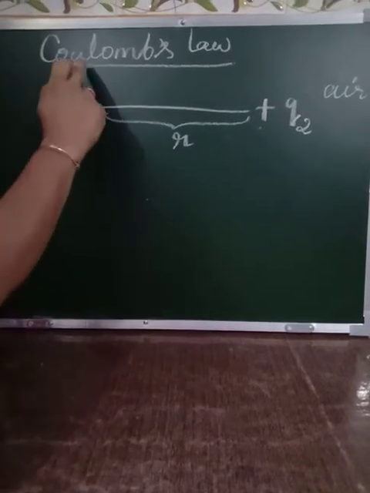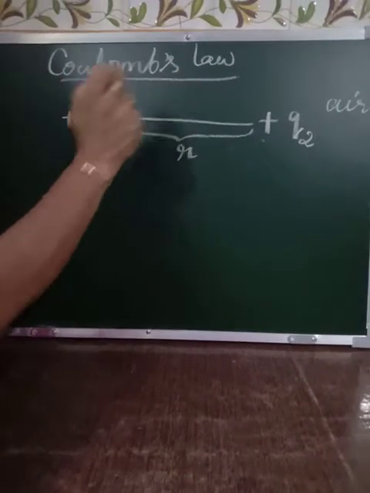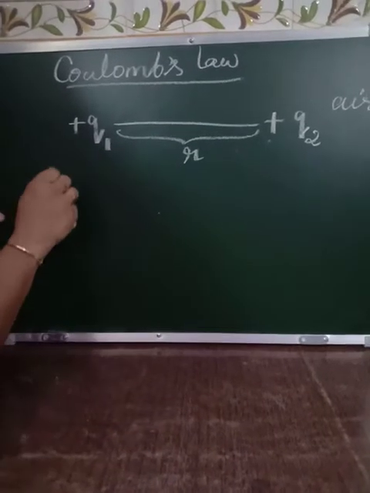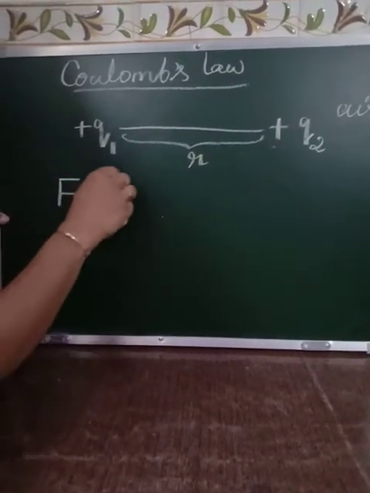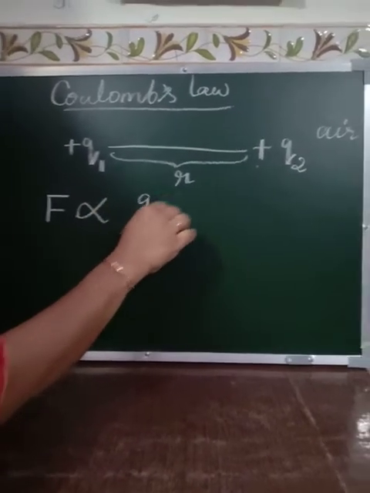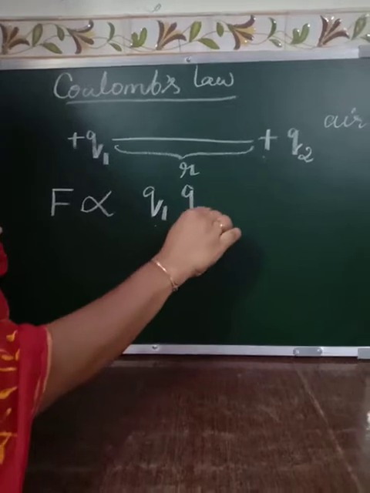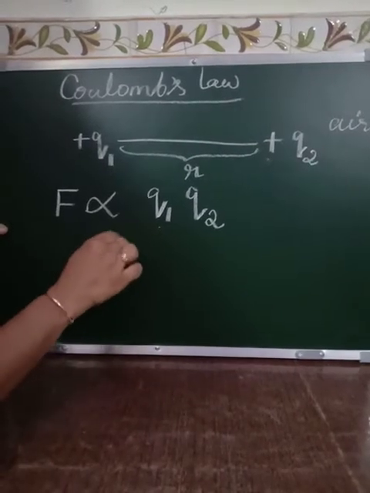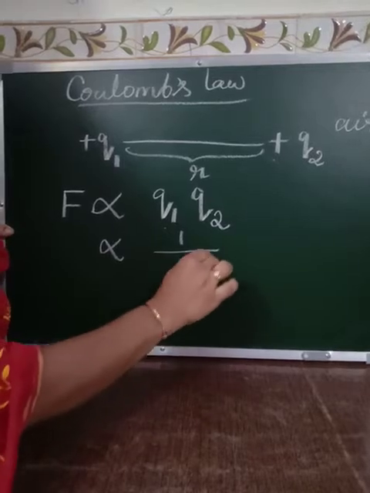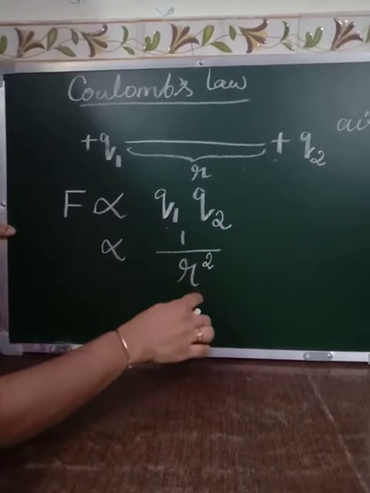Now, according to Coulomb's law, the force of repulsion between these two charges is directly proportional to the product of charges, and it is inversely proportional to the square of the distance between them.